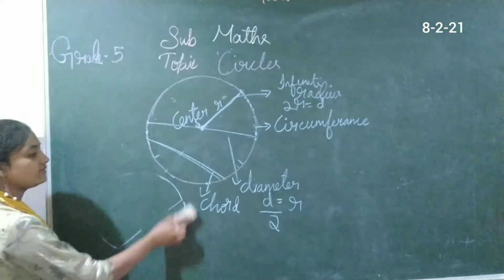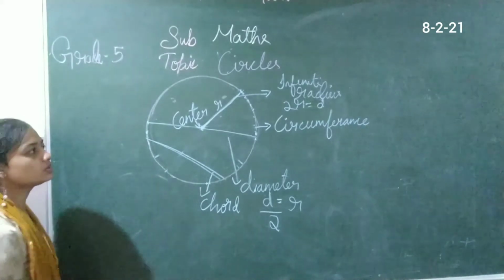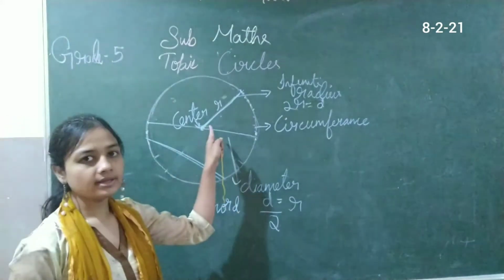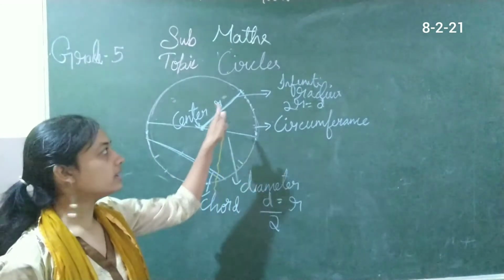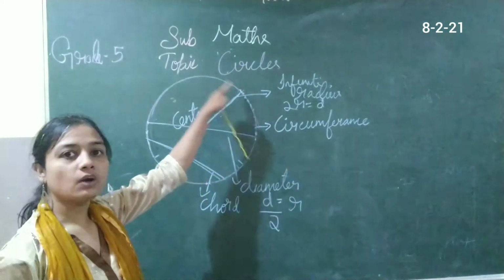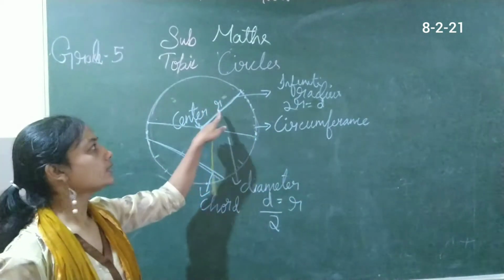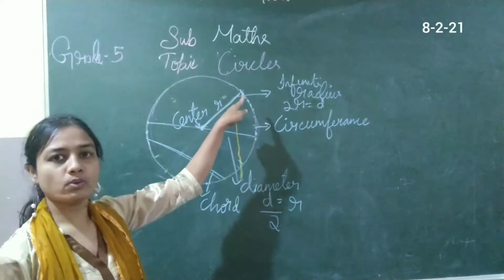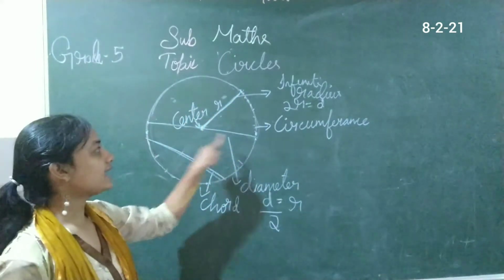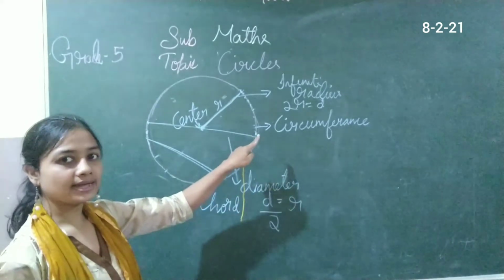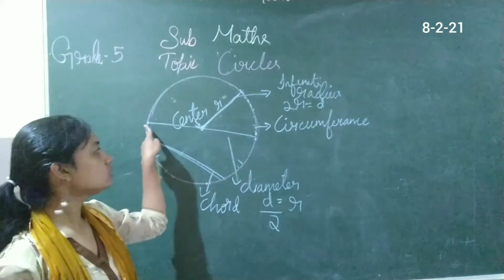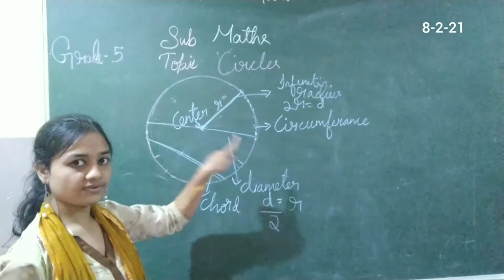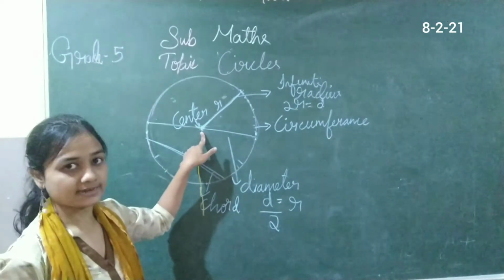Okay, children, now let's revise whatever we have learned in this. So we learned what is center, the fixed point in a circle. What is circumference? It is the outer boundary of a circle. What is radius? It is the line joining the center to any point of the circle. What is the diameter? It is the line or a chord which joins 2 points on the circumference and passes through the center.